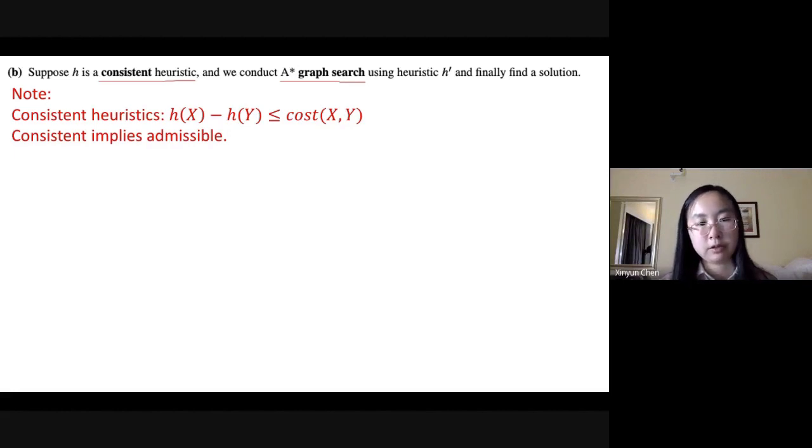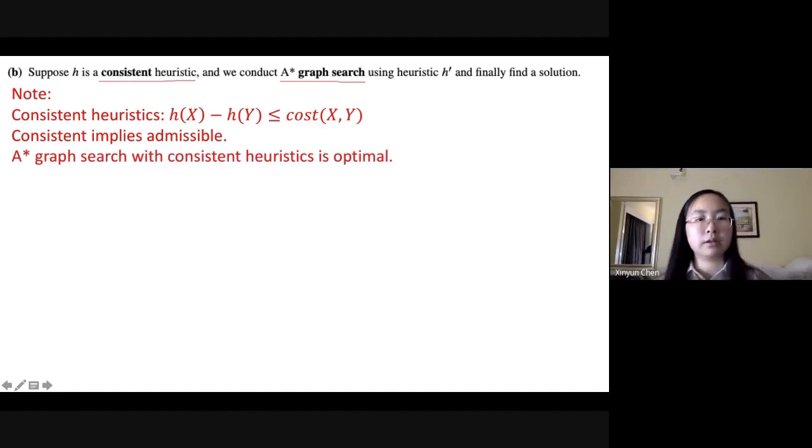But even if a heuristic is admissible, it may not be consistent. And in the lecture, we also showed that A-star graph search with consistent heuristics is optimal. So when we compute the optimal solution using the heuristic, it is guaranteed to find the optimal path.